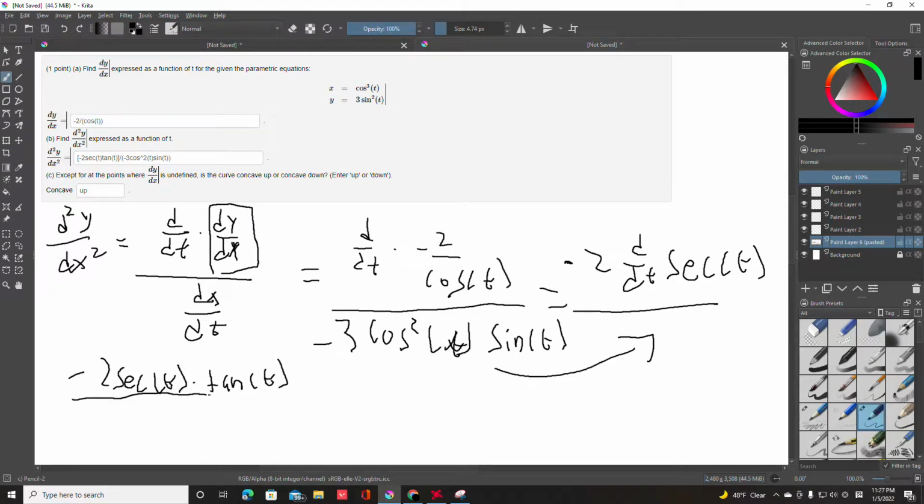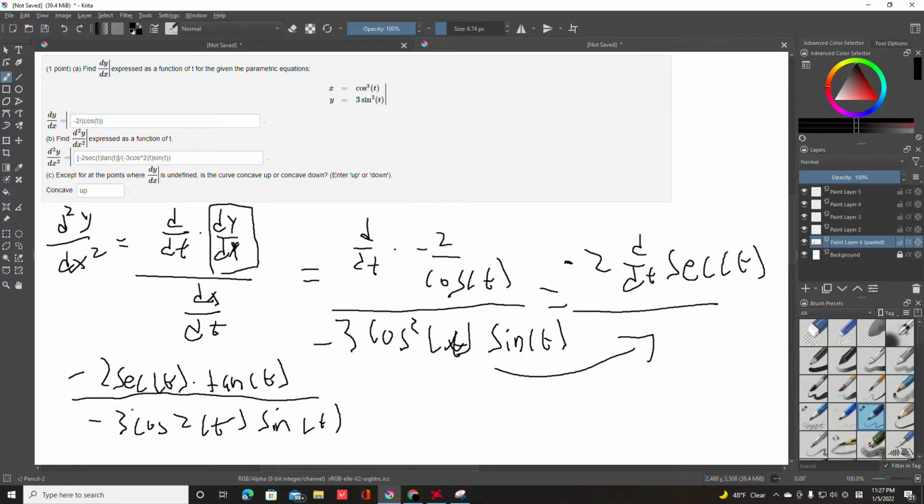This is all over negative 3 cosine squared of t sine of t. That would be your answer for the second problem. Good luck typing that into the Webwork.